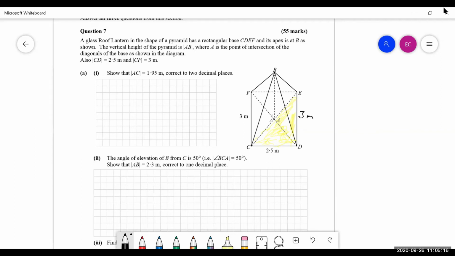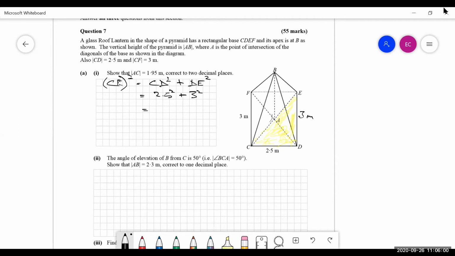So we can use Pythagoras theorem here to calculate CE. Using Pythagoras theorem, write this out. CE squared equals CD squared plus DE squared. Substituting, that'll be 2.5 squared plus 3 squared.